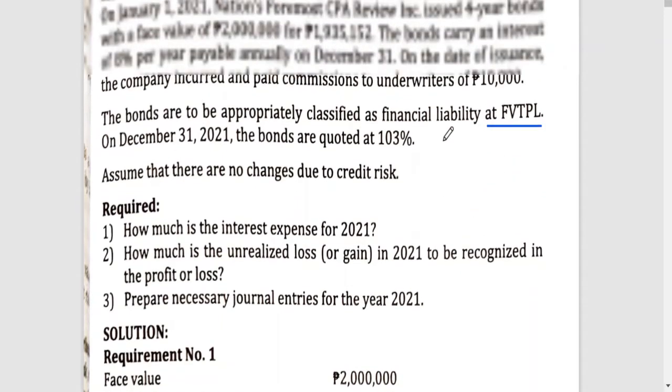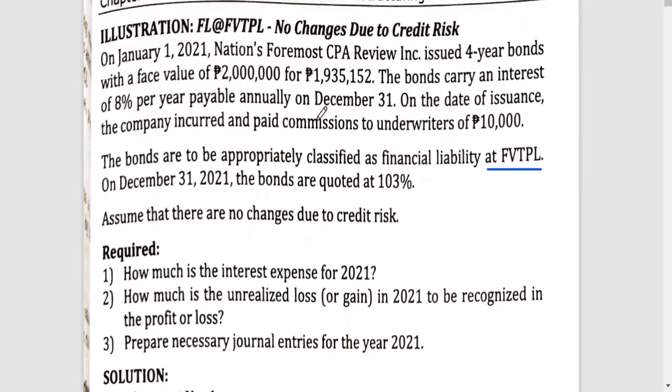As I have mentioned earlier, if our bonds are issued at a lower price compared to our face amount, there's a discount. On the other hand, if we receive more compared to the face amount, there is a premium. But since this is a financial liability at FVTPL, there's no discount, no premium. We only have a discount or premium if it is amortized cost.